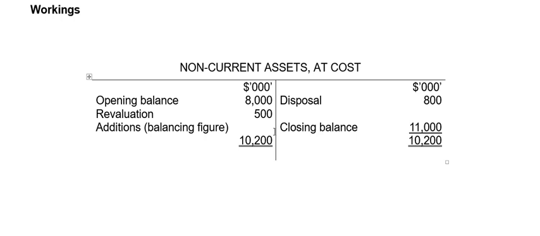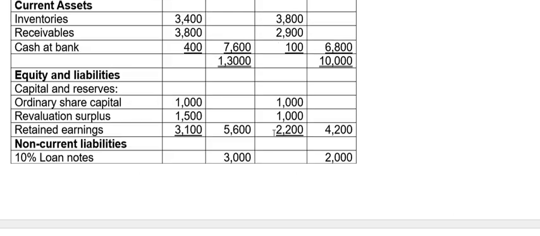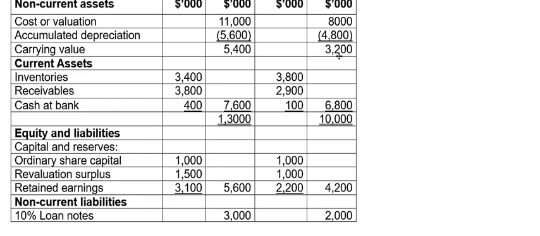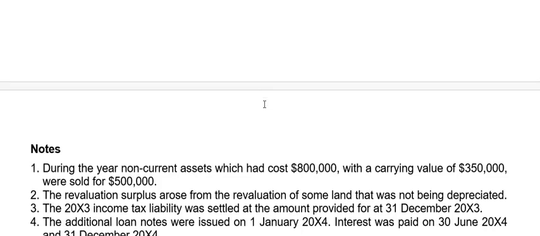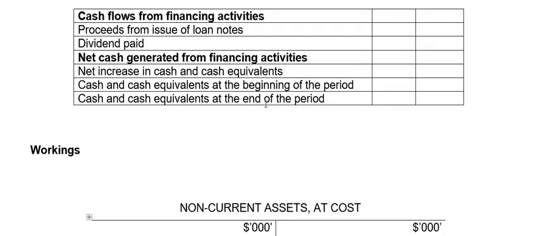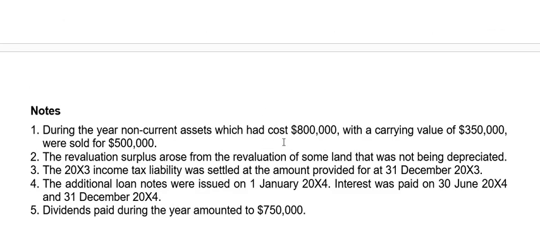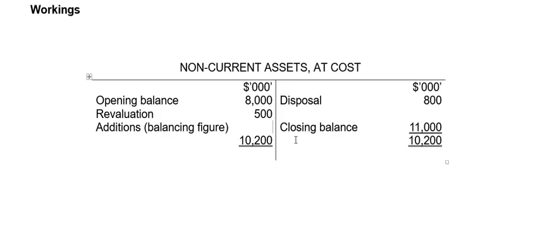Is there anything I'm leaving out? Just check, just confirm. I think I have the 8,000 and then the 11,000. Yes. Disposal, the asset that was disposed of had a cost of 800. I think I also have that. And then the revaluation is 500.